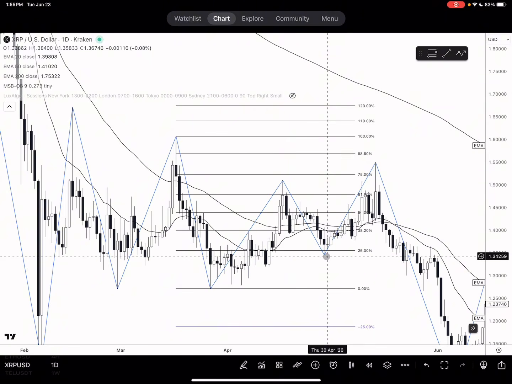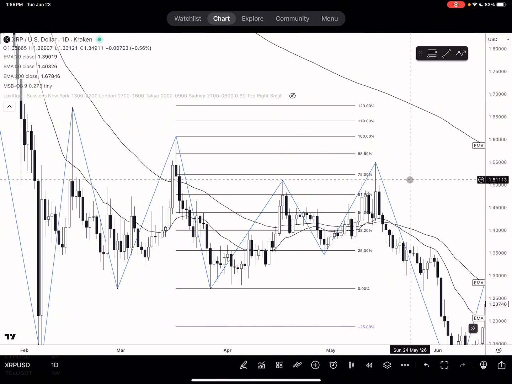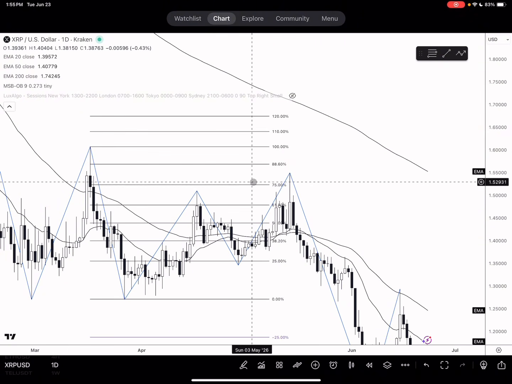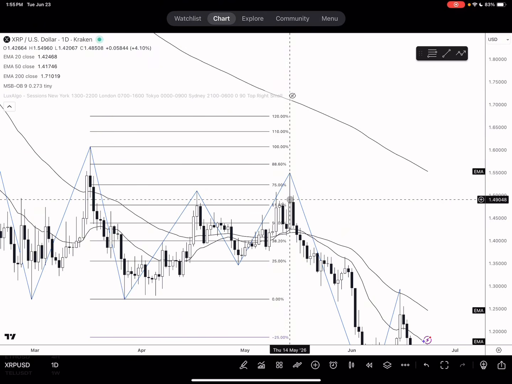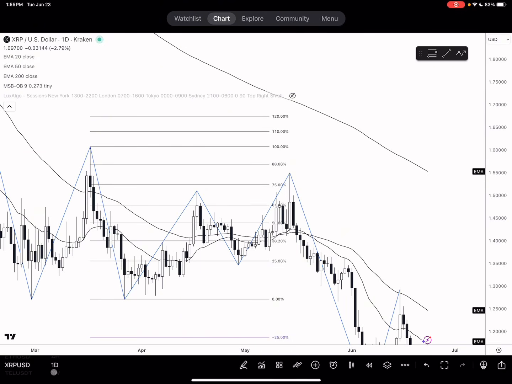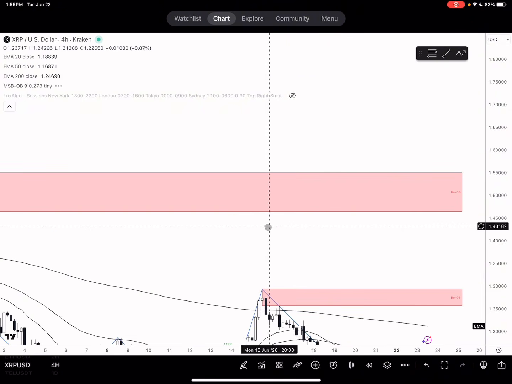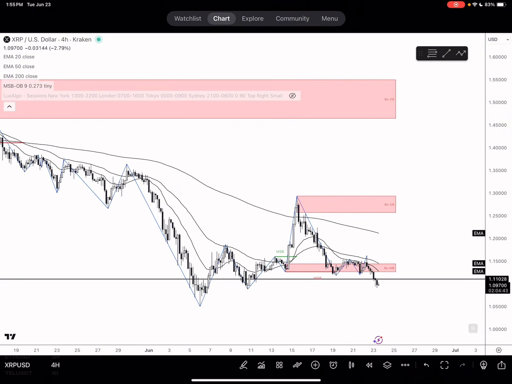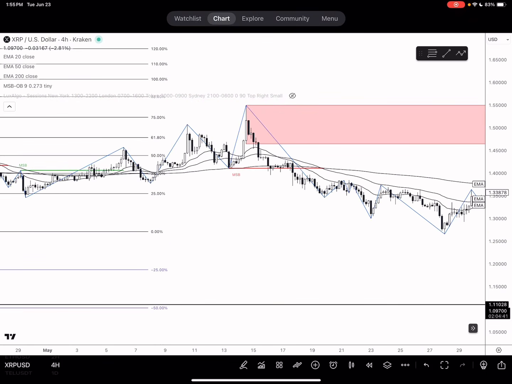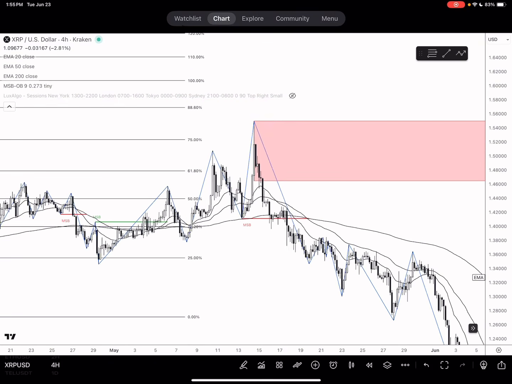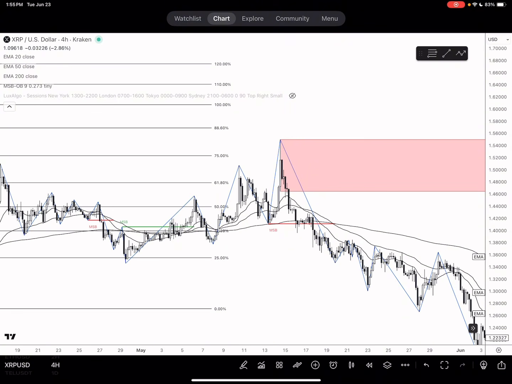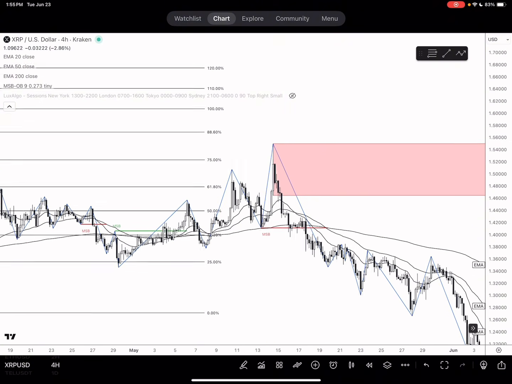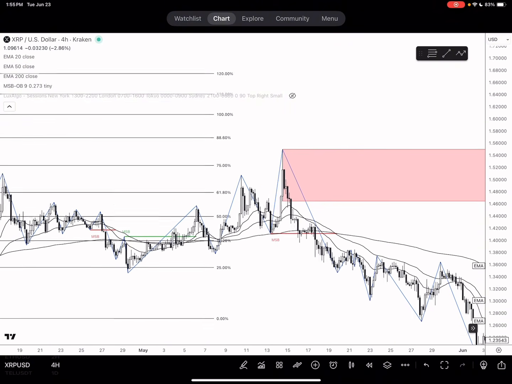We still just want to wait until some form of resistance takes place. Mind you, this day specifically was the Crypto Clarity Act news that had come out. A lot of times when those type of events happen, it's almost like a false move to the upside to get people to think, oh, Crypto Clarity Act, this is gonna be the reason why it goes back up to $2.